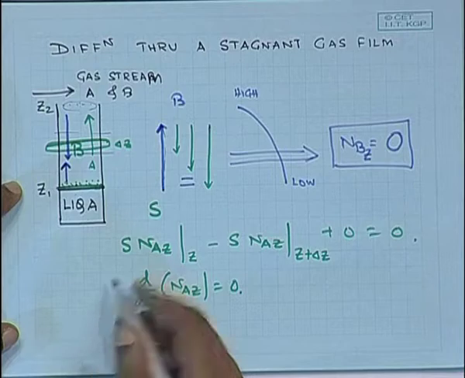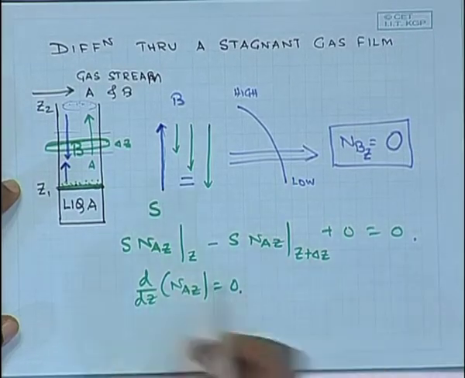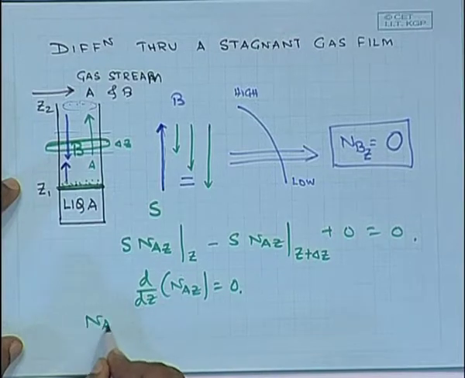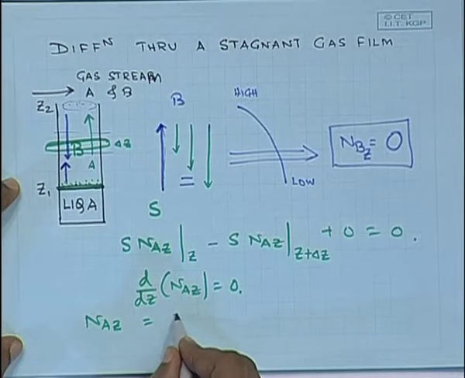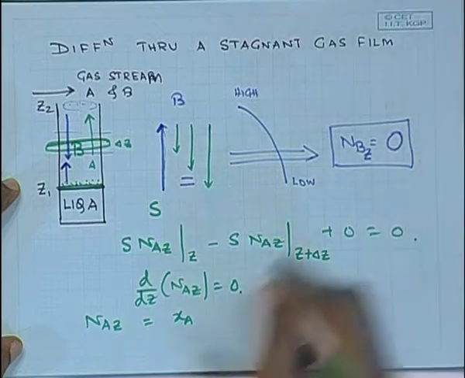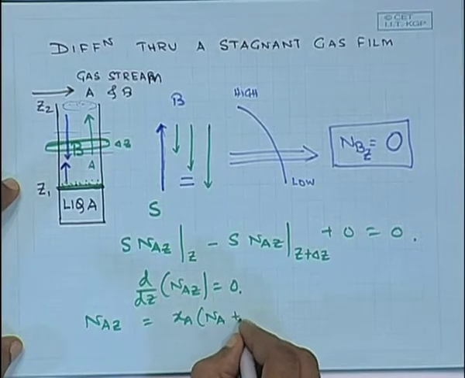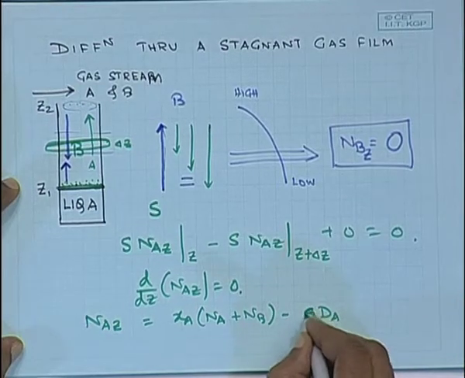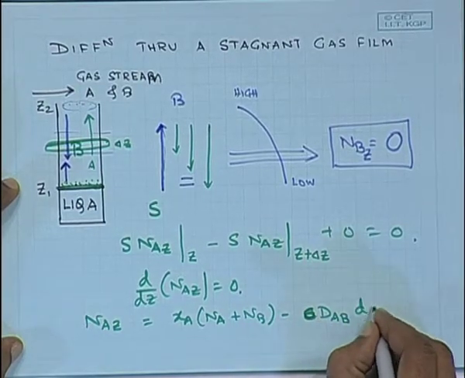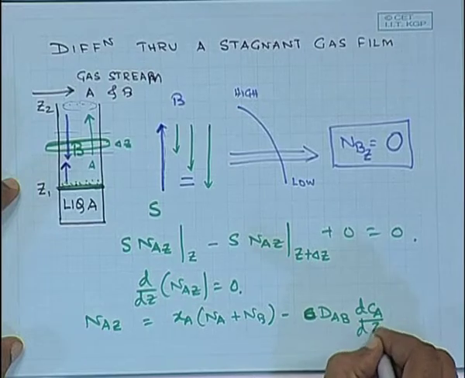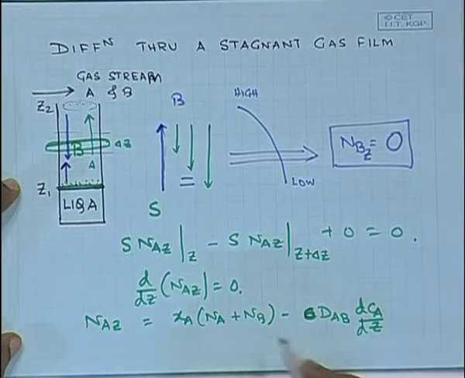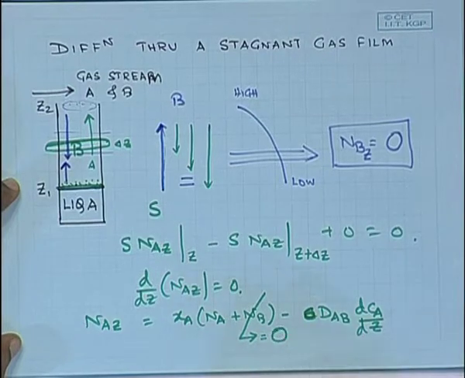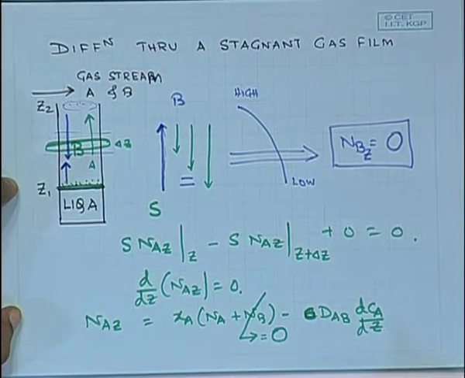The surface area is a constant, so it would cancel out. S is the surface area, and the relation I have for NAZ is XA times (NA plus NB) minus C DAB dXA/dz. This is the relation that I have, of which I have intuitively found out that NB is going to be equal to 0.